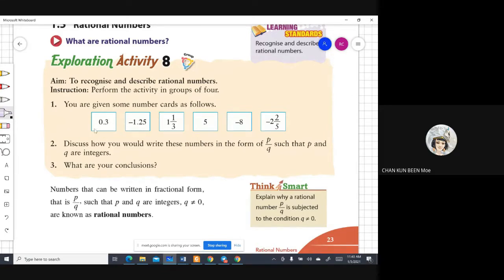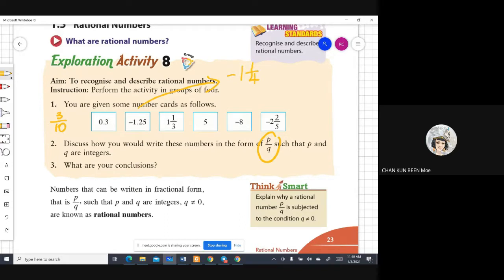For example, 0.3 over here, if I ask you to write it in the form of P over Q, we can, right? Because 0.3 is 3 over 10, so it is in the form of a fraction already. Negative 1.25 is negative 5 over 4.